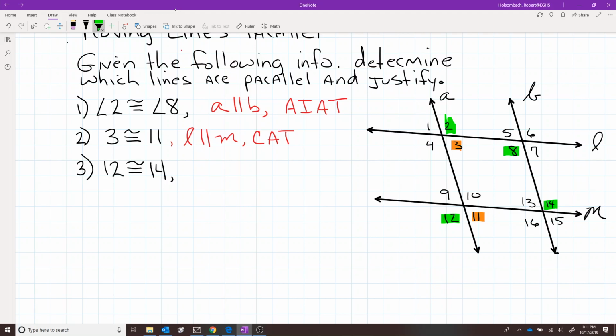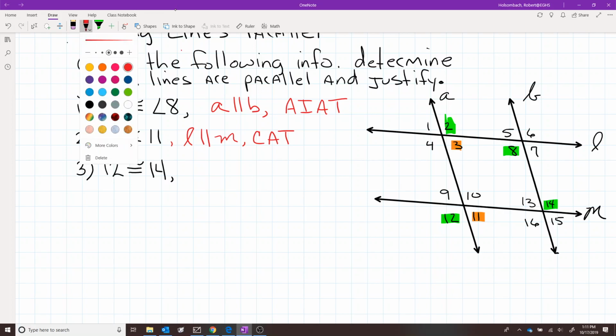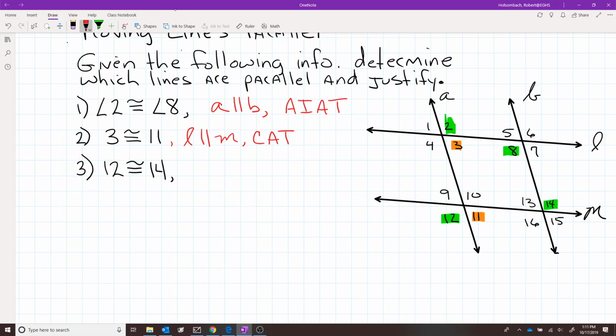If you remember, those would be alternate exterior angles. Both of those, their transversal is line M. So that means that A is parallel to B again. And we justify by alternate exterior angles theorem.